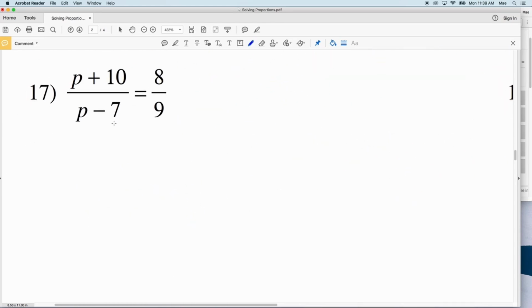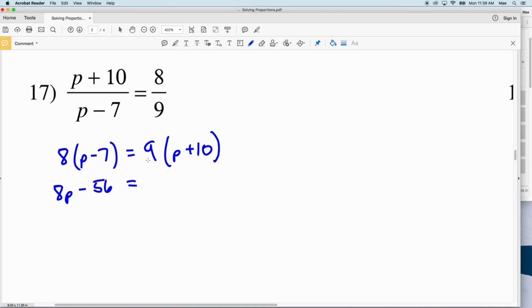In number 17, we're cross multiplying again. So 8 gets multiplied to the p minus 7, and 9 gets multiplied to the p plus 10. Distributing the 8, we'll have 8p minus 56, and that's going to be equal to, distributing the 9, 9p plus 90.